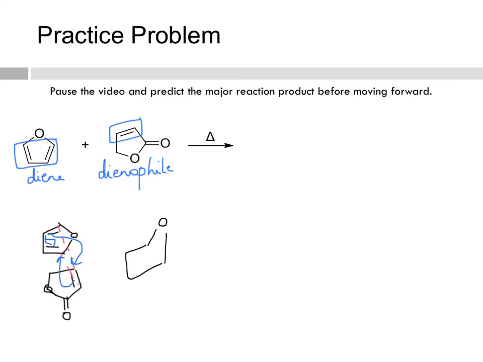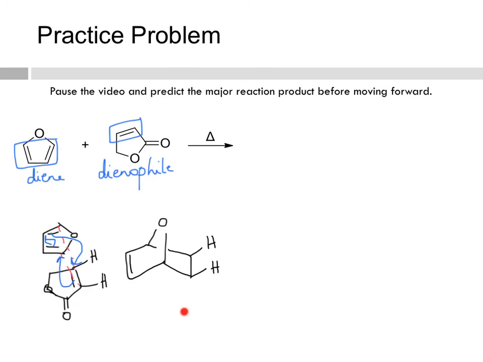I've got the remaining part of the diene here. I formed a new pi bond here, so that's here. And here it might help to put in the hydrogens. Now these hydrogens are closer to this oxygen, so when I draw my six-membered ring, the hydrogens are closer to the oxygen, and then the rest of the ring is closer to the remaining part of the diene.